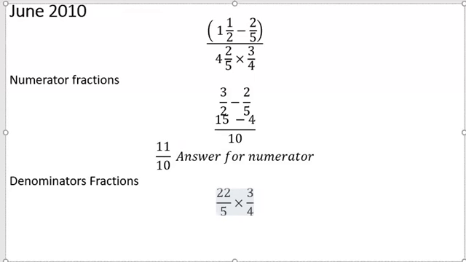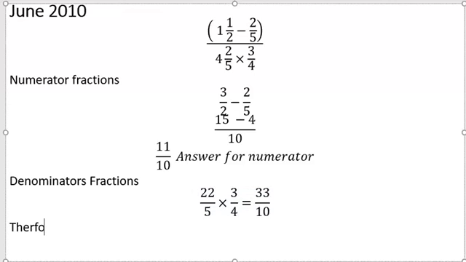And we can just simplify by saying 2 into 22 goes 11 times, 2 into 4 goes 2 times. So what we now have is 11 multiplied by 3 to give us 33, and 5 multiplied by 2 to give us 10. So we have 33 over 10 for the denominator fractions.